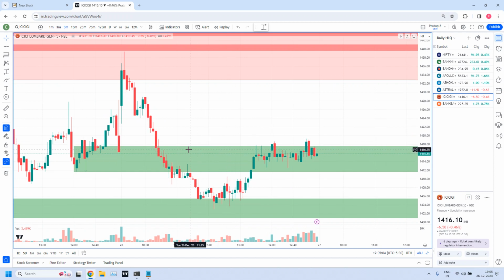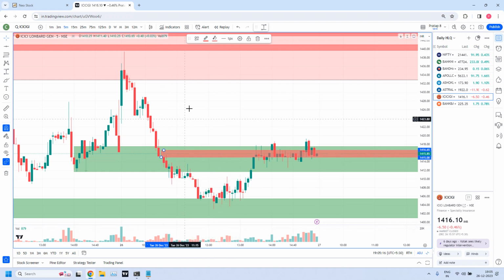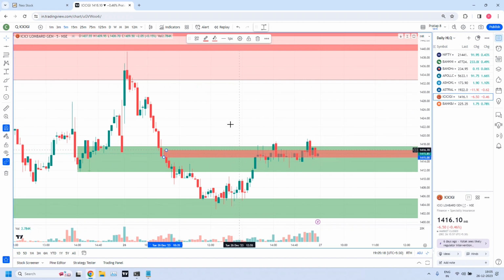Look for the 5-minute supply zone. See here, let me show you. Here I'm explaining about trailing stop loss. Supply zone. This is a 5-minute supply zone. And look into the next 5-minute supply zone, and the next 5-minute supply zone again.